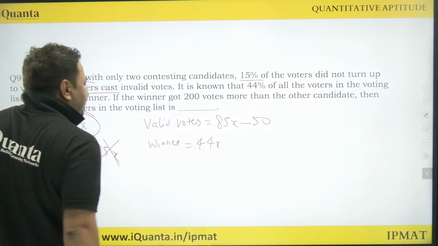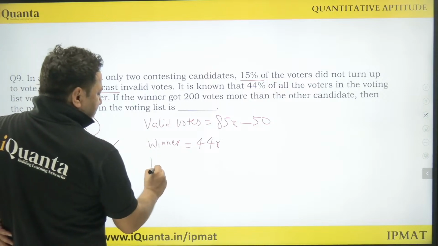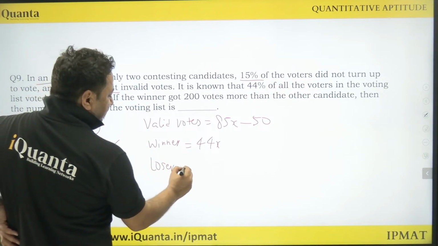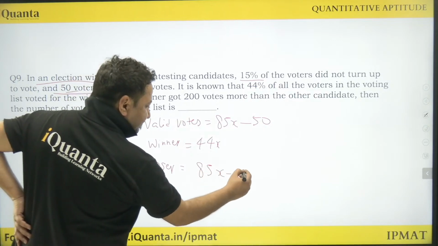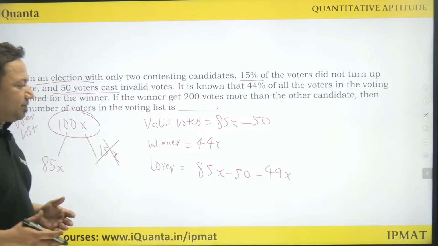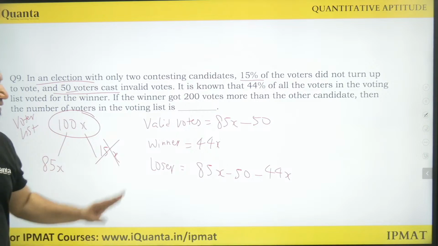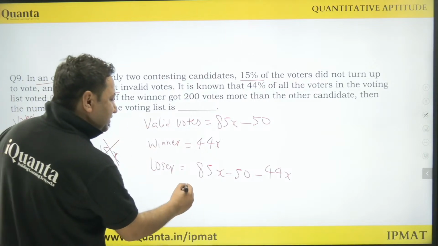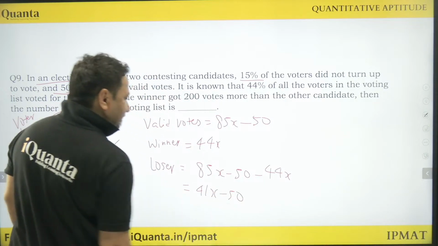Winner has got 44x, and the loser must have got how much? 85x minus 50 minus 44x. So we'll subtract the votes got by the winner from the total valid votes, which comes out to be how much? 41x minus 50.